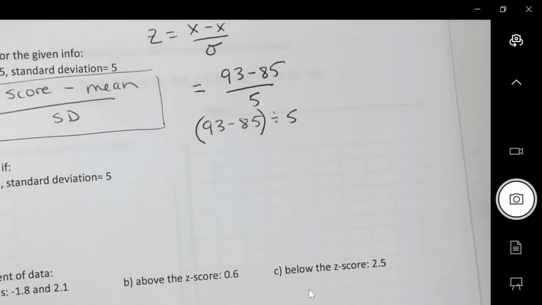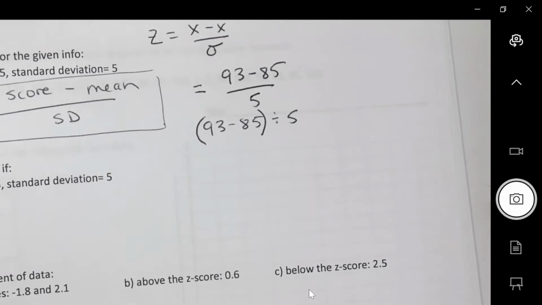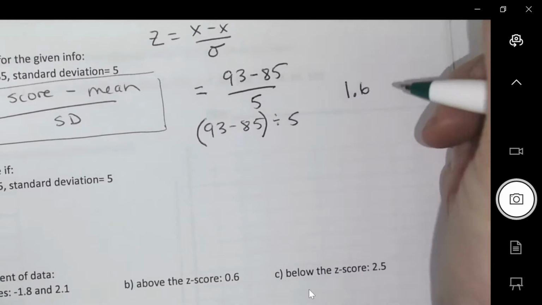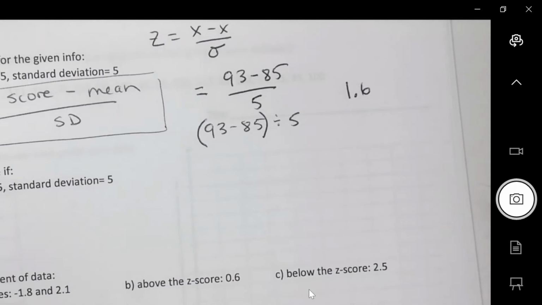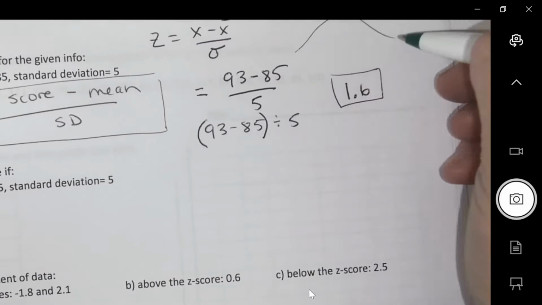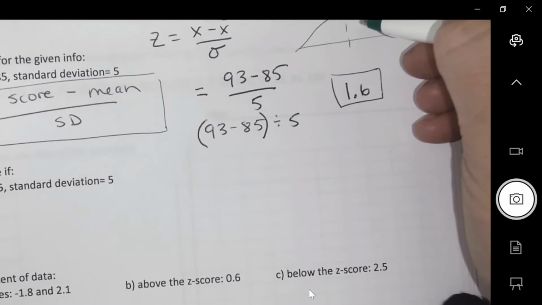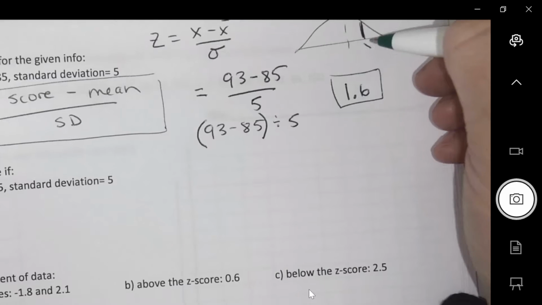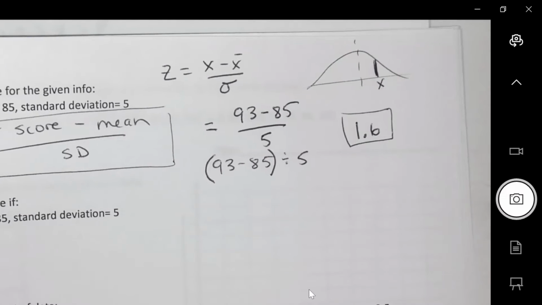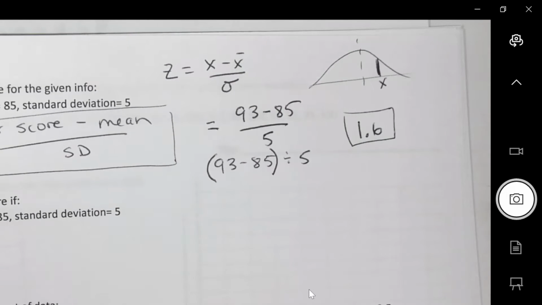Brackets, or push enter before you divide. So I get a score of 1.6. That's a Z score. Do you understand what that means? We're above the mean, by 1.6. Our Z scores are 1, 2, 3, or negative 1, 2, 3.